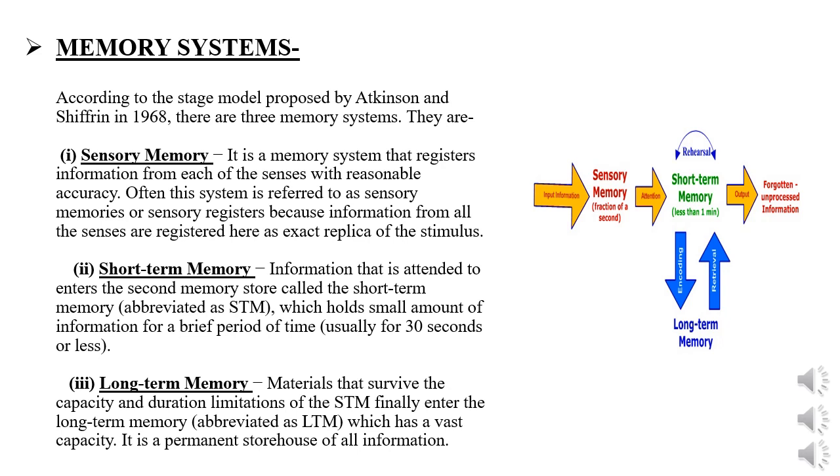So the third system is the long-term memory. The information or materials that survive the capacity and duration limitations of the short-term memory finally enter the long-term memory. That is, the information from the short-term memory enters the long-term memory through a process called elaborative rehearsal.